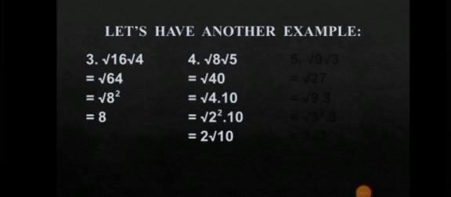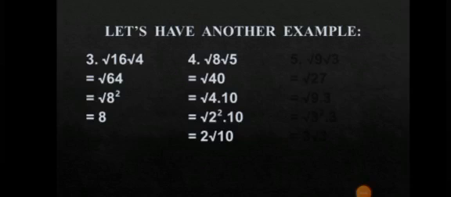So number 4 is square root of 8 multiplied by square root of 5. Square root of 8 multiplied by square root of 5 is equal to square root of 40. Find two numbers where one is a perfect square.